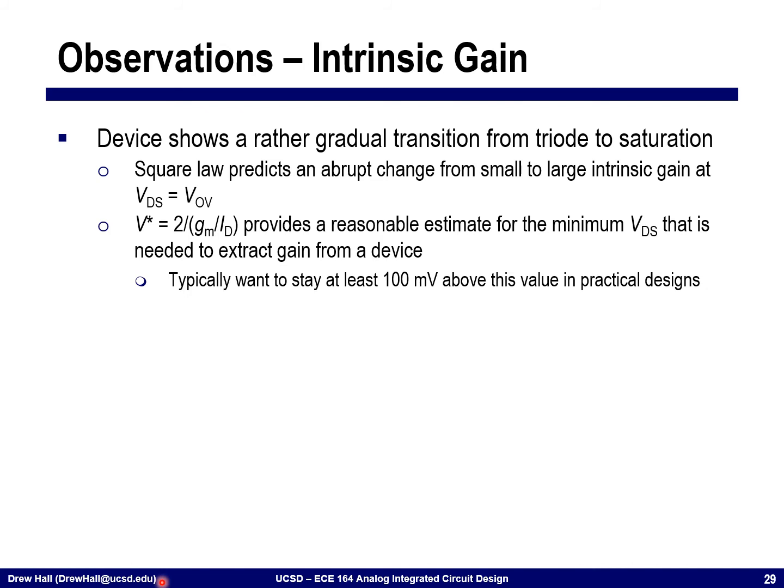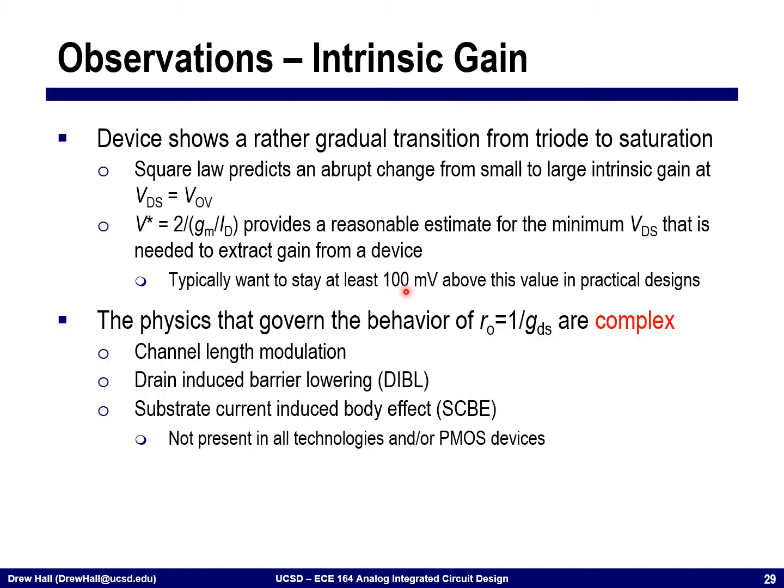And so rather than just use VOV, 2 divided by GM over ID is a better bias point for that. As I mentioned earlier, you'll typically want to bias it a little bit above this just for safety so that you don't crash down and start to reduce the output impedance dramatically, especially in current mirrors where you're very sensitive to the output impedance and trying to design for very high R out.